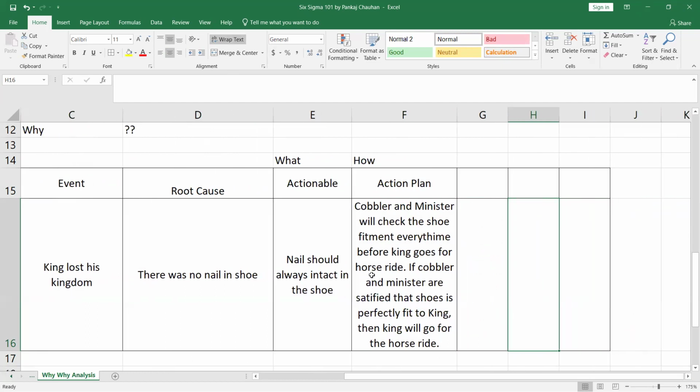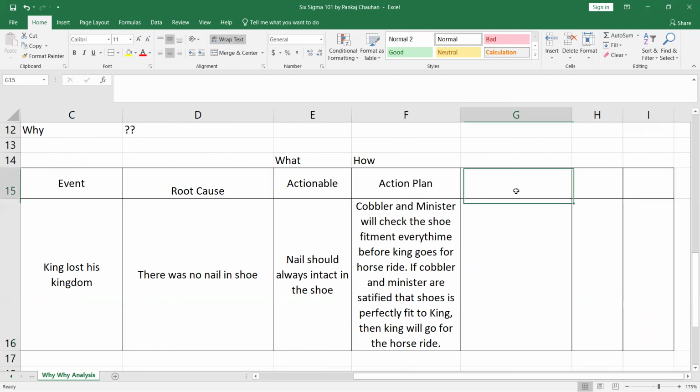Now, what is the criteria I will use to make sure that the shoe is fit to the king? So I need to develop a success criteria that your action plan is working.